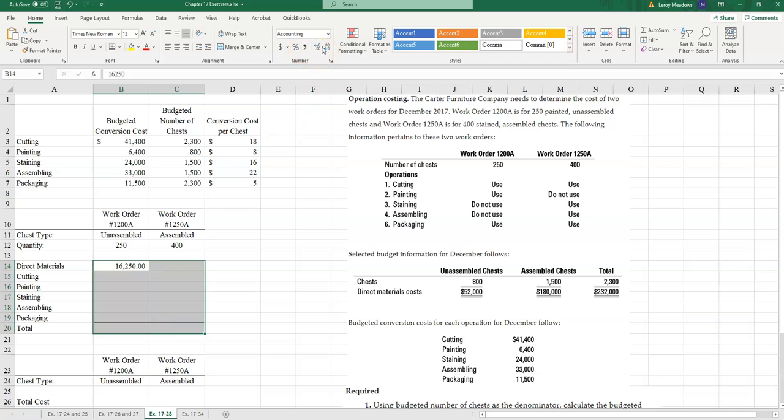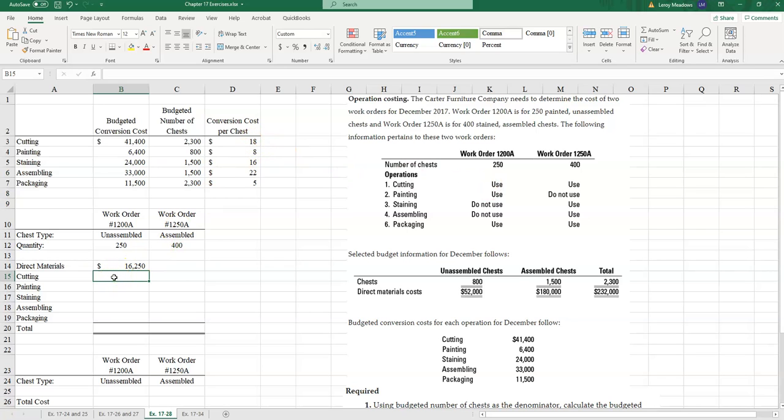And let's go ahead and format this here. Now, what about cutting? For the unassembled, do we use the cutting process or the cutting operation? Yes, we do. And the conversion cost per chest is $18.